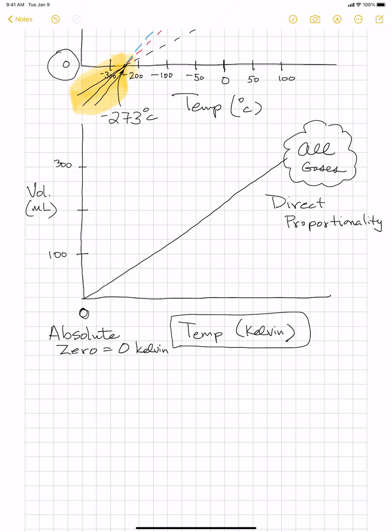All right, so mathematically, what does Charles' law look like?